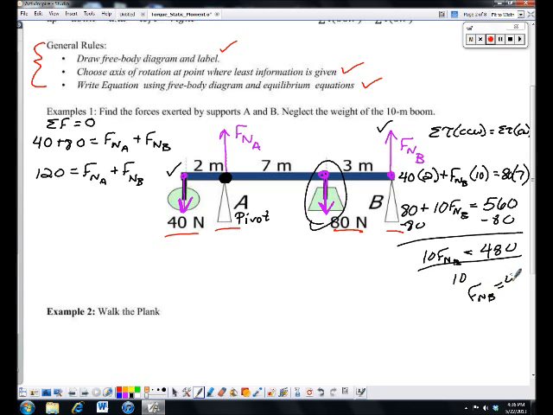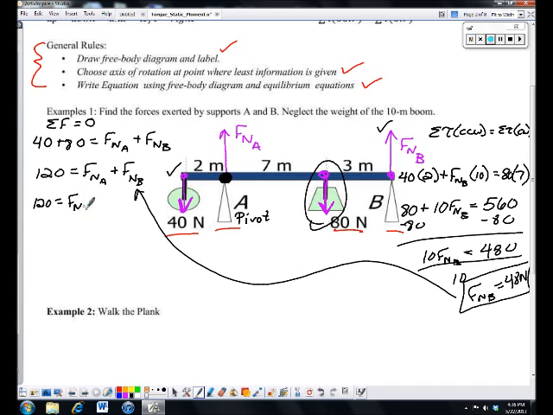FNB is 48 newtons. Now that I have that, I come back over here. I can say 120 equals FNA plus 48. Subtract 48, and my system is done. FNA is equal to 72.